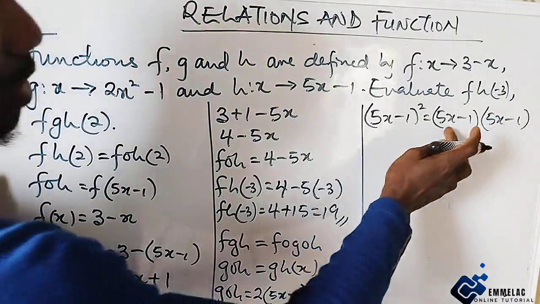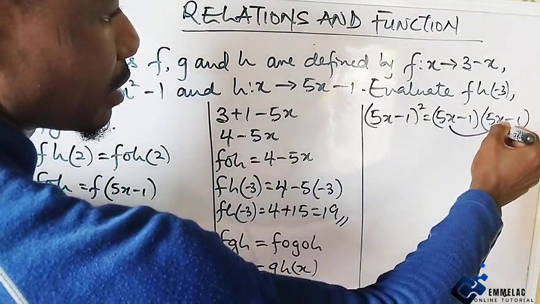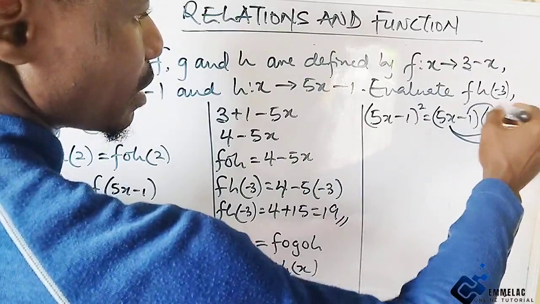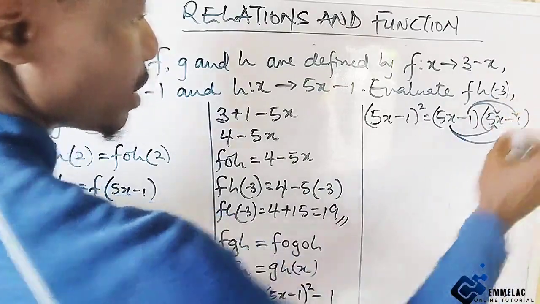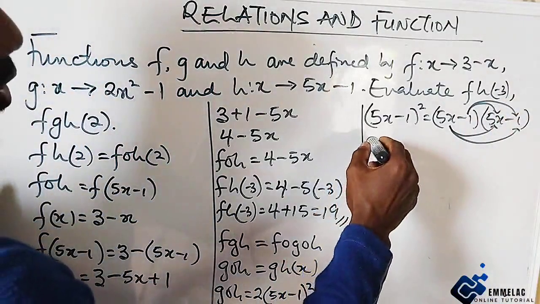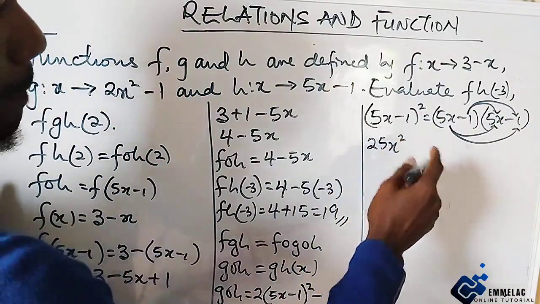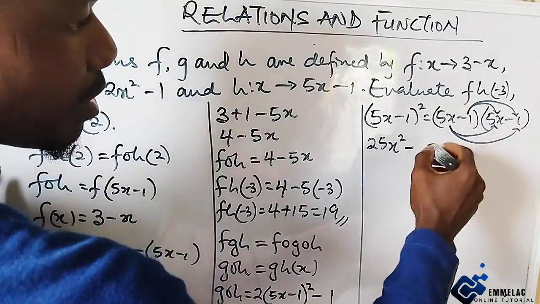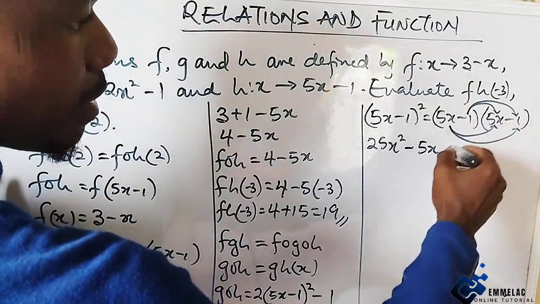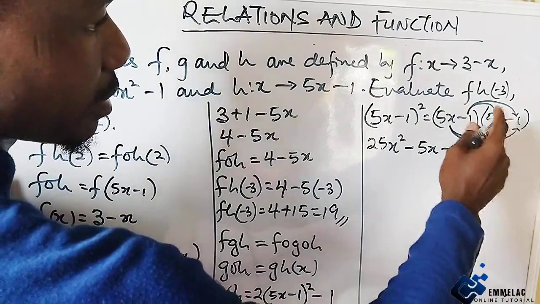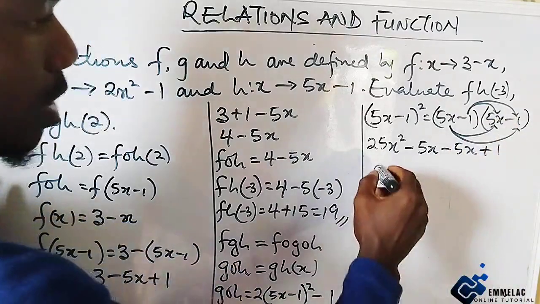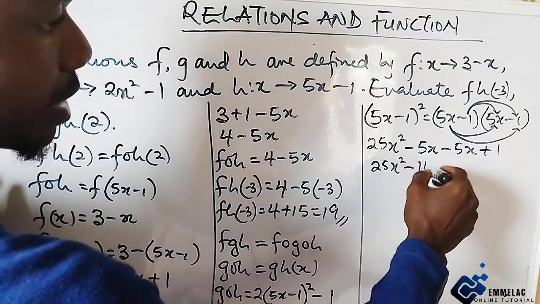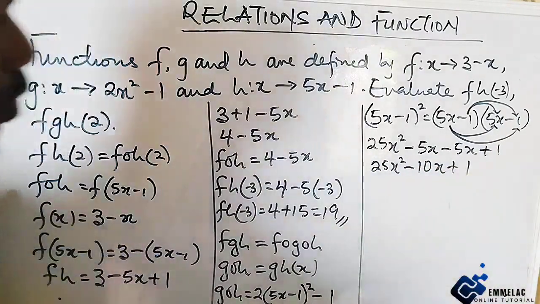So here we have this multiplied by this, then this multiplied by this, and this multiplied by this. By so doing, here you have 25x squared, then minus 5x minus 5x plus 1. So here you have 25x squared minus 10x plus 1.